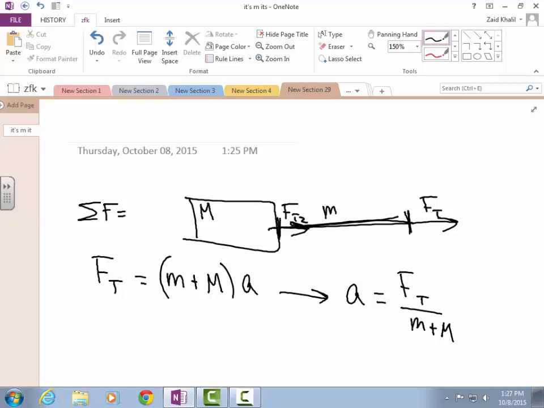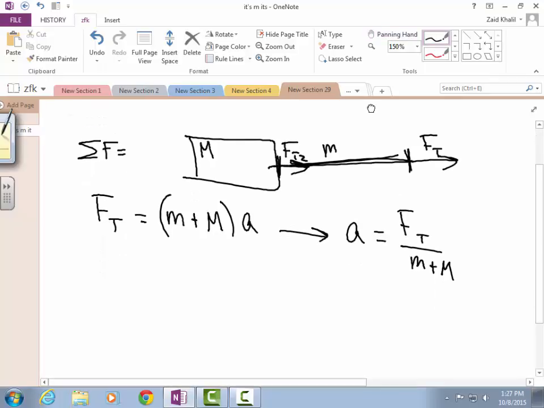So what is the net force acting on big M? Be careful. What's acting on big M? Just Ft2. So Ft2 is equal to big M times a, right?